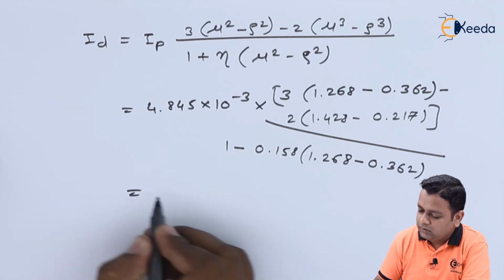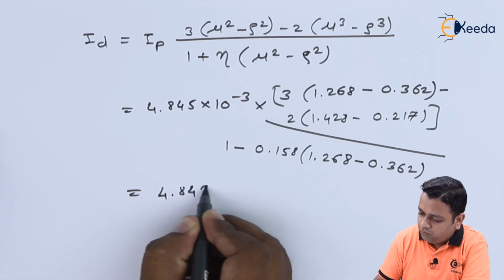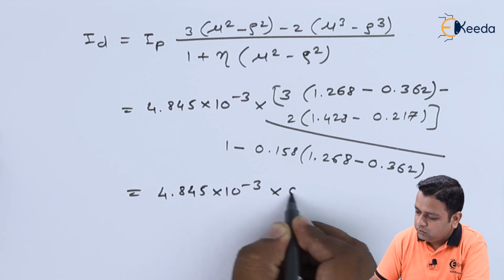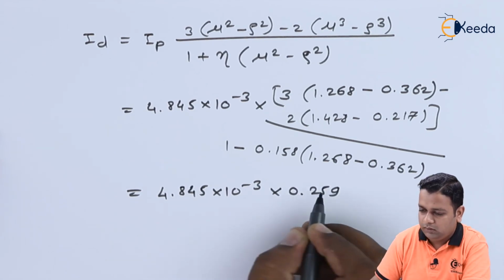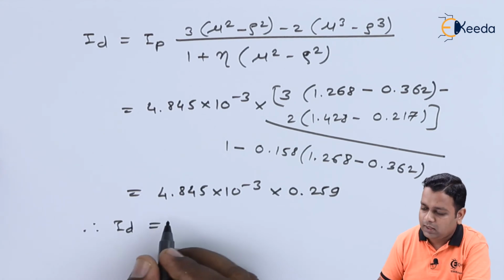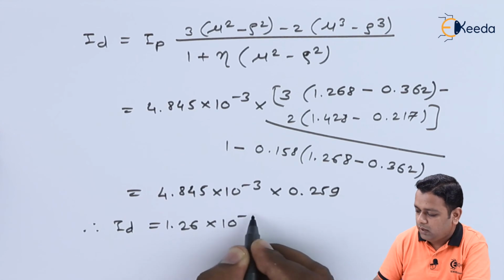So this gives us drain current ID is equal to 4.845 into 10 raised to power minus 3 into 0.259. So finally the drain current ID is obtained as 1.26 into 10 raised to power minus 3.